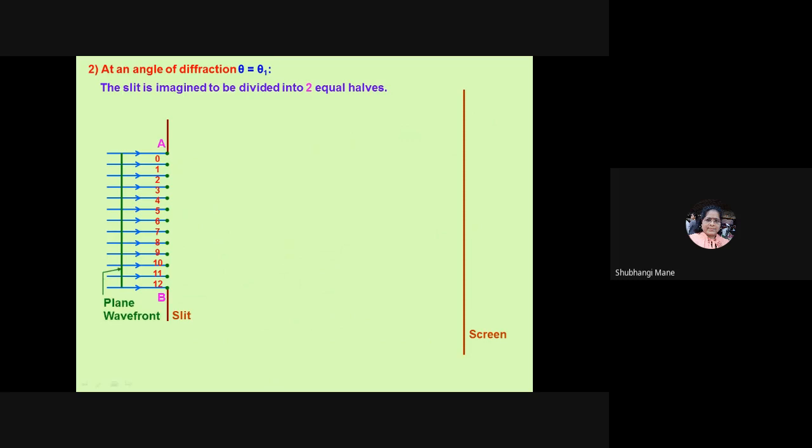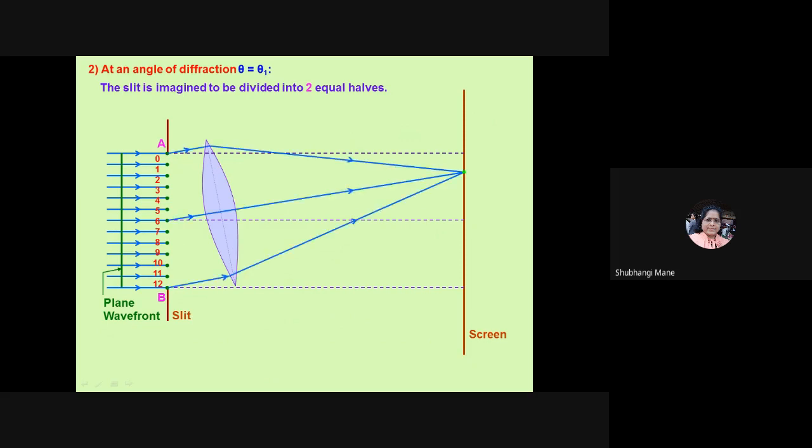Okay, and this plane wavefront will act as a large number of waves, and if this convex lens is placed, then obviously it is going to be diffracted.